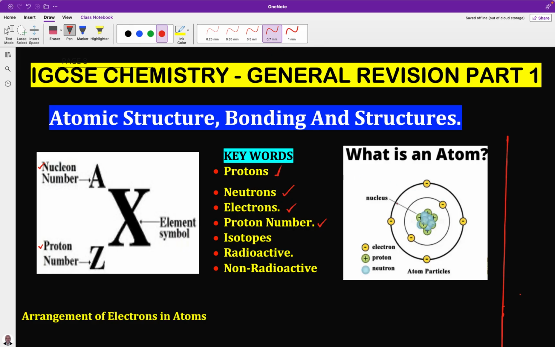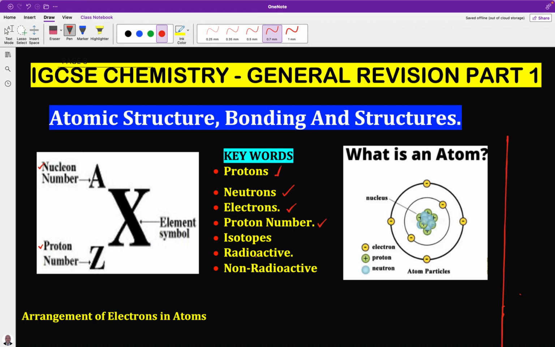Electrons are there revolving in shells. They have a negligible mass compared to that of the proton.